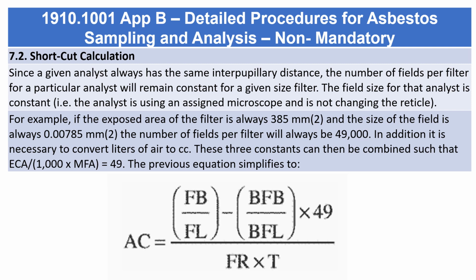7.2. Shortcut calculation. Since a given analyst always has the same interpupillary distance, the number of fields per filter for a particular analyst will remain constant for a given size filter. The field size for that analyst is constant, i.e., the analyst is using an assigned microscope and is not changing the reticle.